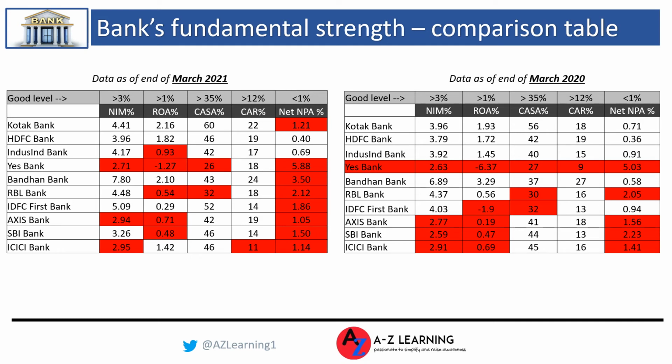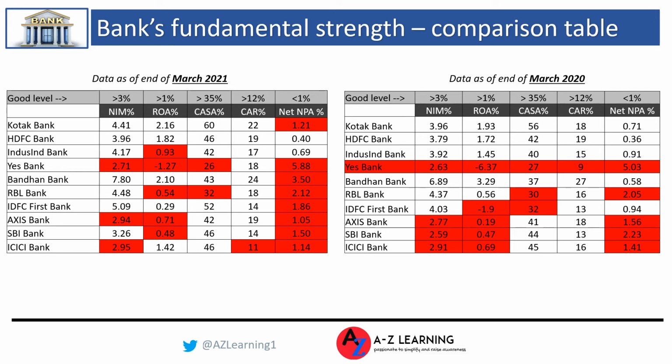And their net NPA is also 2.12%, which should be less than 1%. So RBL Bank is another bank which is an issue. Then Axis Bank. Axis Bank has an issue in terms of net interest margin, which is only 2.94. Return on asset is only 0.71, and their net NPA is also more than 1%.